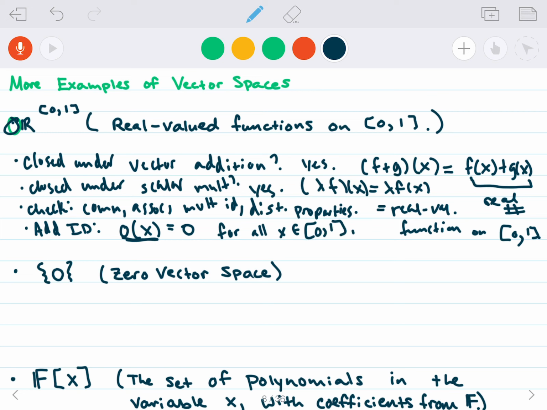That is my additive identity. If I add this function to any other function, I get that function back. Additive inverse is going to be negative f. So if I have a function f in this space, then negative f is going to be the additive inverse.